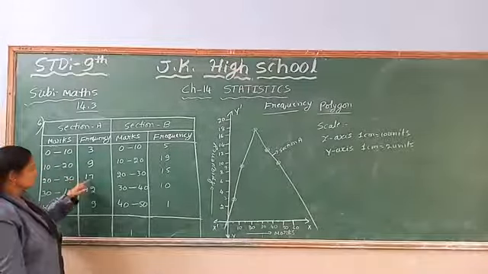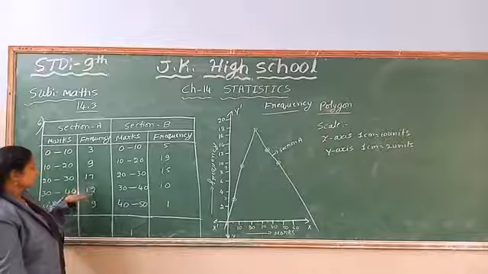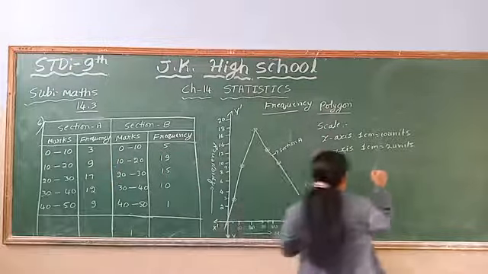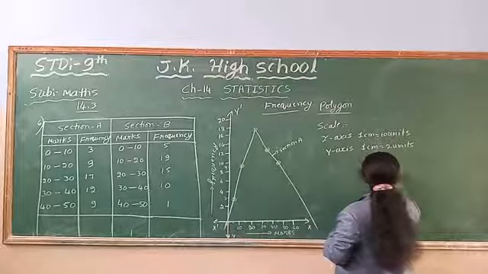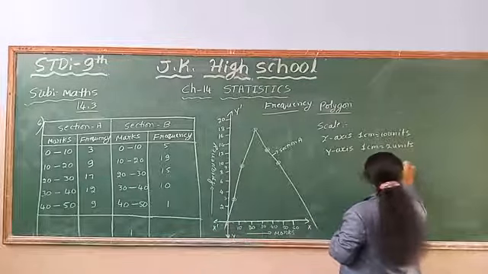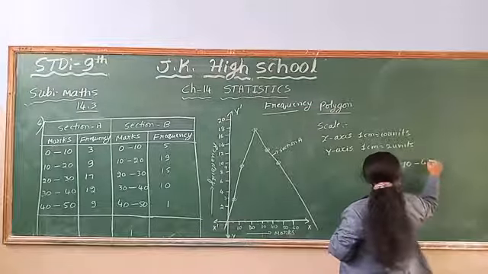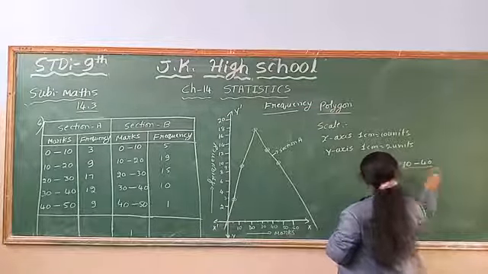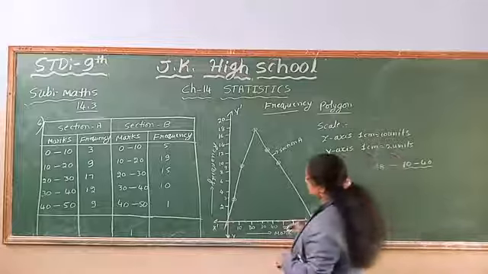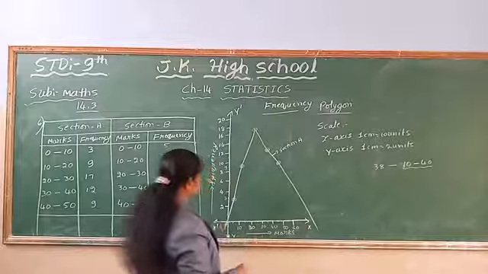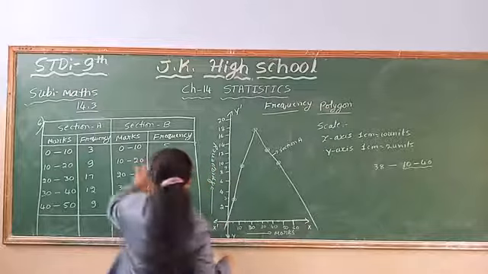So in the class 10 to 40 there are 38 children. This is for section A.